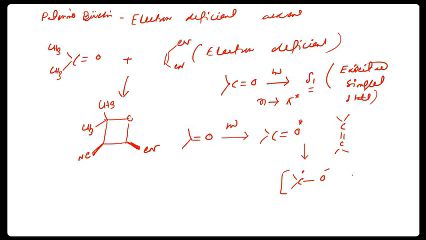This is a dot. Now as one electron transfers, this will be plus and this is minus. We are going to do this mechanism in detail, but all these things are possible at this moment. So this is called an exciplex. So first, for electron deficient alkene, an exciplex is formed. That is a charge transfer interaction.